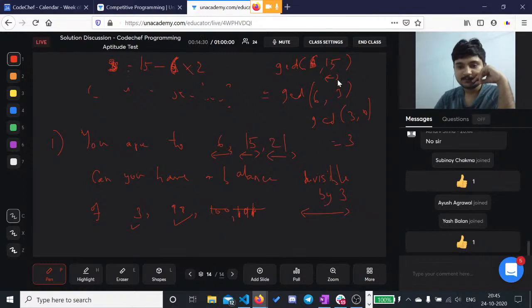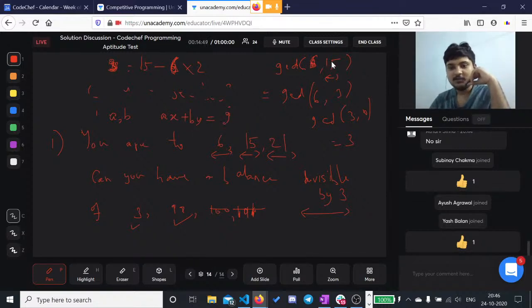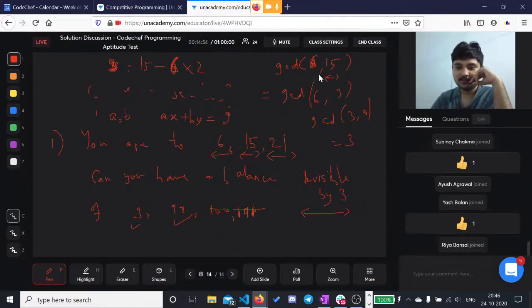So like that, if I have any two numbers, a comma b, I can always find integers x comma y such that ax plus by is g. So how to do that is, you simulate Euler's GCD function like so, and then you just go back in reverse, and you can reconstruct g as a sum of multiple of a and a multiple of b.